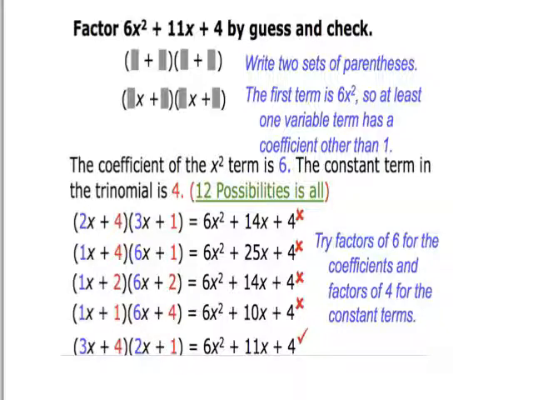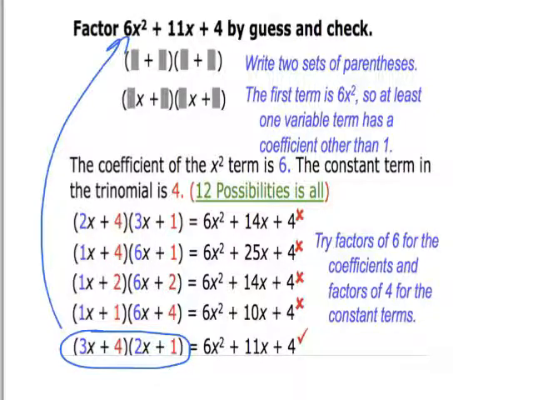Then you're going to have to do all the products of the binomials, and say, okay, which one of these matches up with the one that we started with? And it turns out that this one does right here. Well, you know what? That is a lot of work.